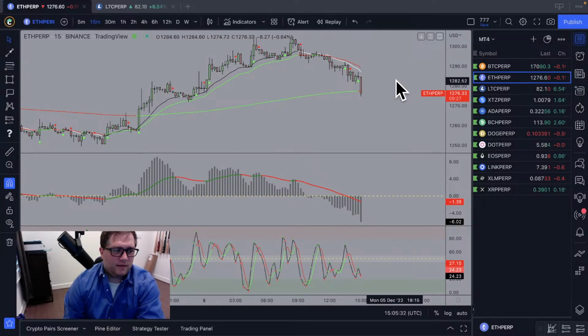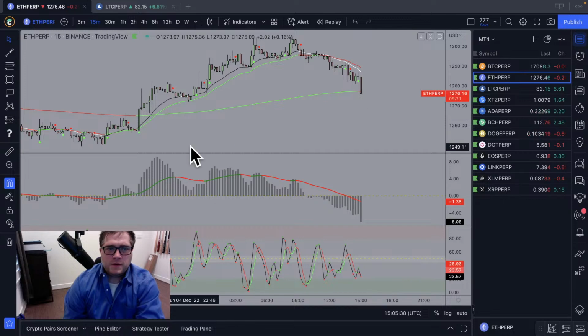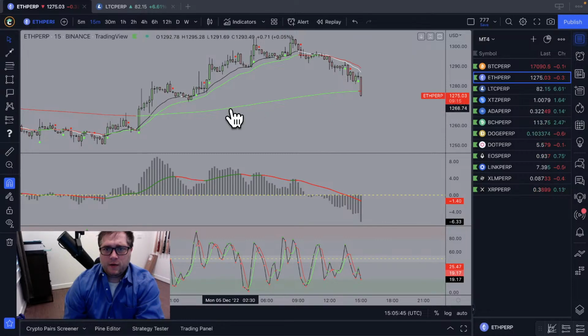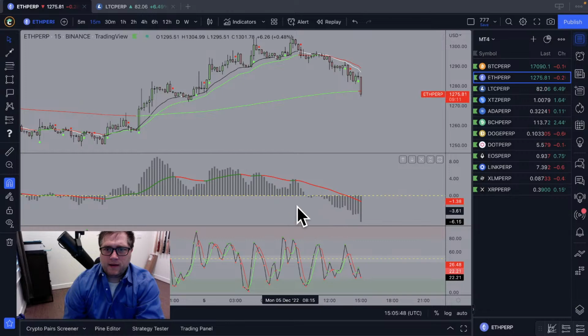But I thought TradingView changed their system where you can have 4 indicators. Your moving averages are one indicator. Your MACD is one indicator, and your momentum indicator is one. So you have 3 on here.